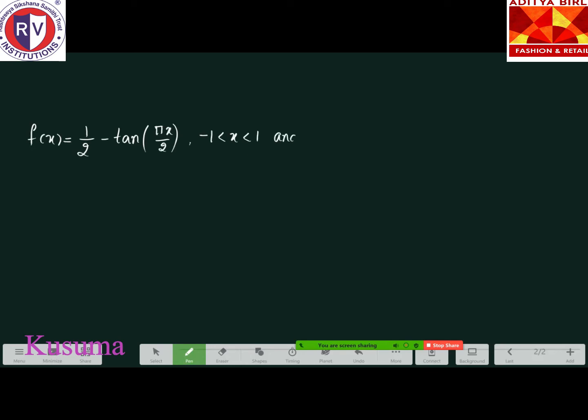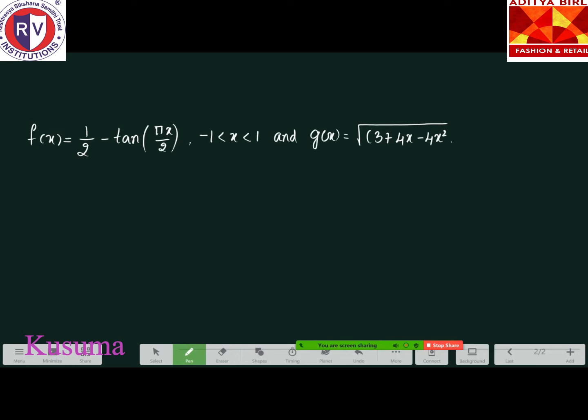F of x equals 1 by 2 minus tan of pi x by 2, where minus 1 less than x less than 1, and g of x equals root of 3 plus 4x minus 4x square.